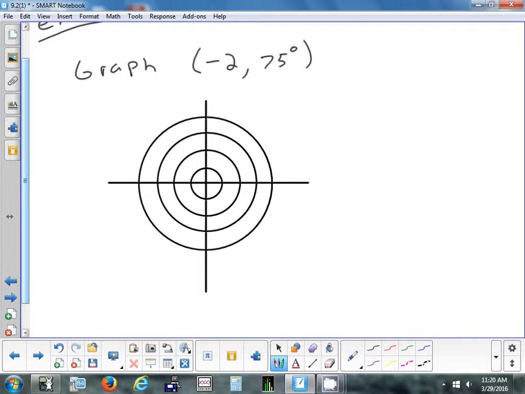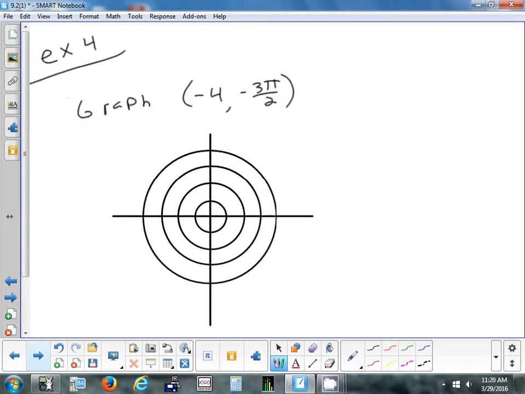What quadrant will I end up in? You'll end up in quadrant 3. Yeah, I'm going to stay in quadrant 3, close to the negative y-axis, but I don't cross it because this is a 90 right here. So there's the point negative 2, 75. Any questions on that?